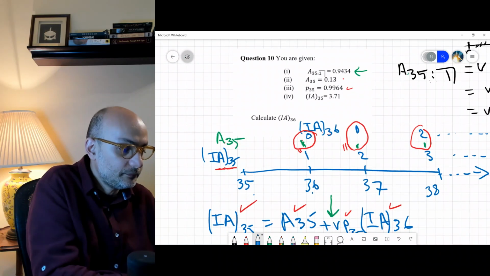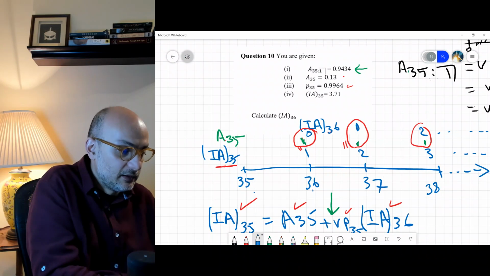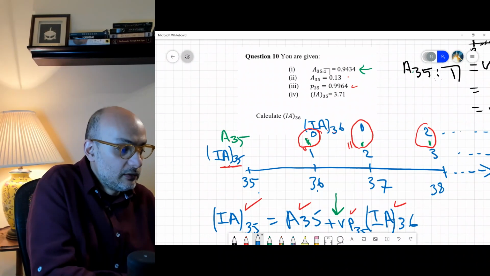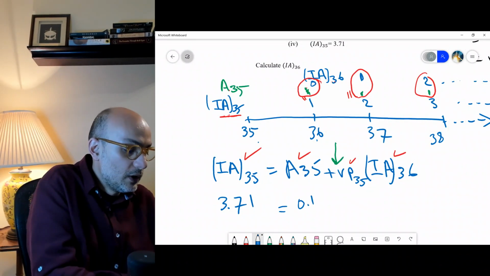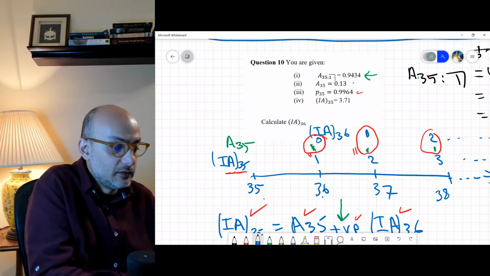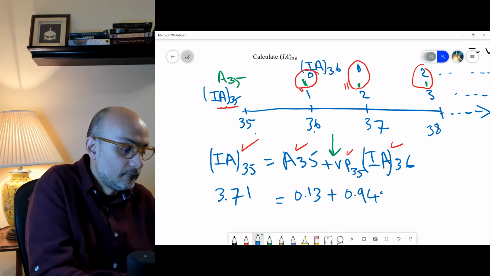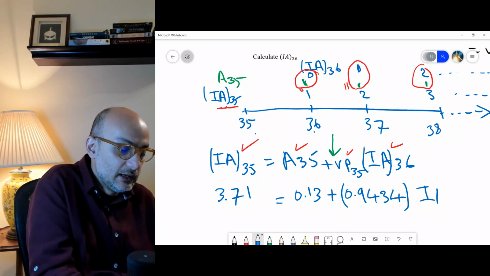(IA)35 is 3.71. A35 is 0.13. Now V, we already got it. It's 0.9434. Now this one we multiply by what we wanted, which is the (IA)36.